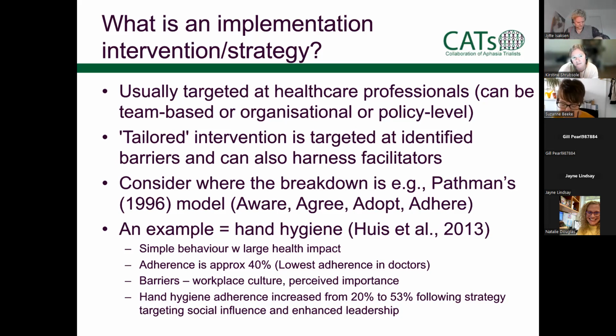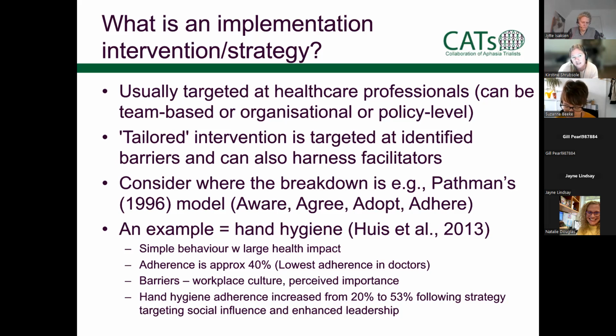So usually we're talking about strategies or an intervention, like an implementation strategy or intervention that's targeted at healthcare professionals. So that tends to be the majority of research, but it also can be at other levels. So it could be at that individual level, clinician level, could be at the team level, organization, policy, and even the patient level as well.